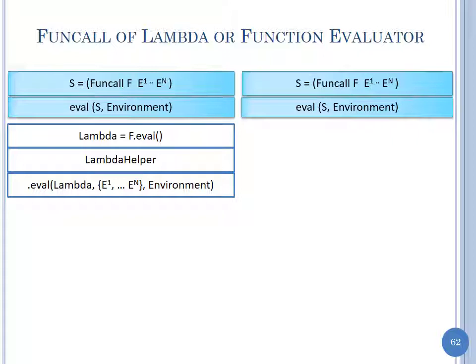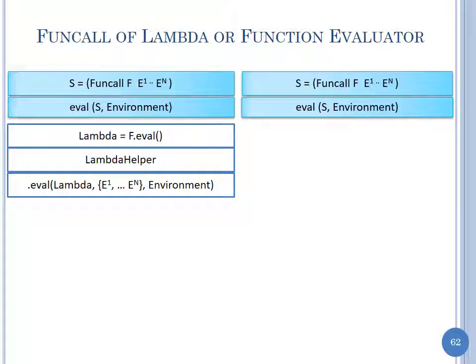Now we are given a situation where in the func call, f can be a lambda expression or a function expression. So what should we do? Again, this is not hard. What should we do with f? Evaluate it, and what might we get? On the left hand side, we always got a lambda back, if it was not a name. On the right hand side, we might get a lambda back, or we might get a function back.